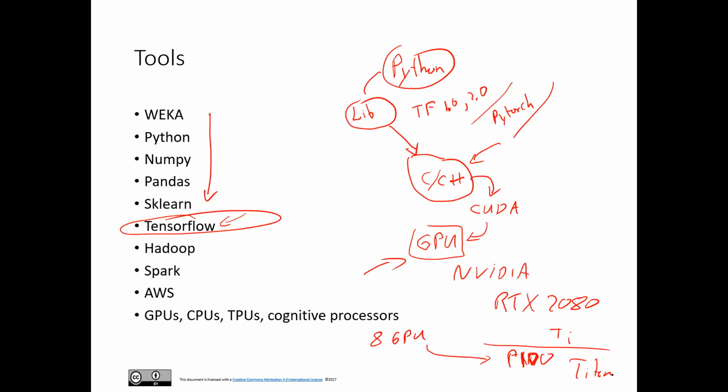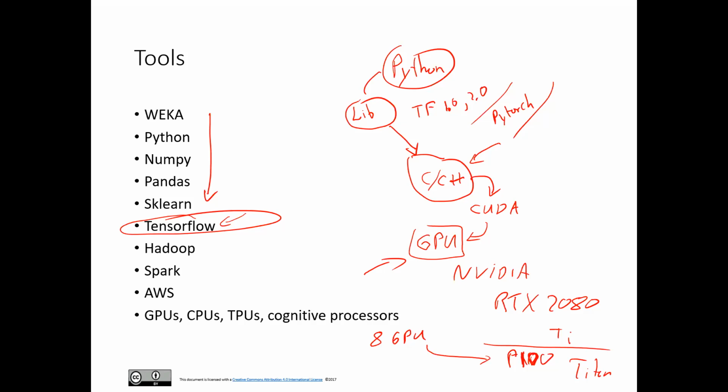Each one of those Titans costs like 4,000, 5,000. So that's the kind of computing power that we're talking about for big data right now, and the kind of research that they do, at least on GPUs. And that's just if you look at the papers that they wrote maybe in 2017. So right now, who knows what they're doing.